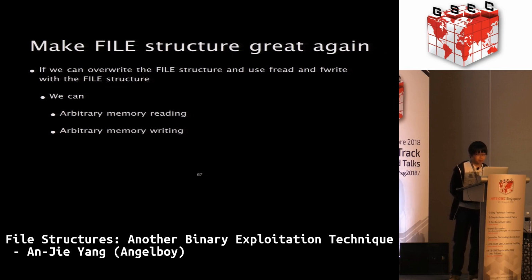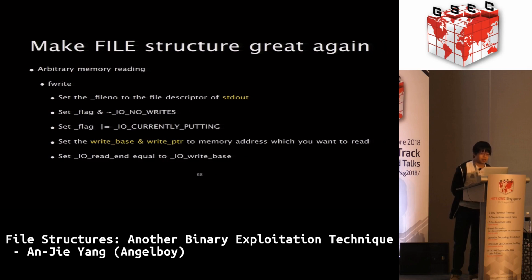To simplify the workflow, we will use fread and fwrite as our example. In fact, other string related functions can also do it. Okay, let's talk about fwrite. In this part, I will use some Glibc source code to explain.